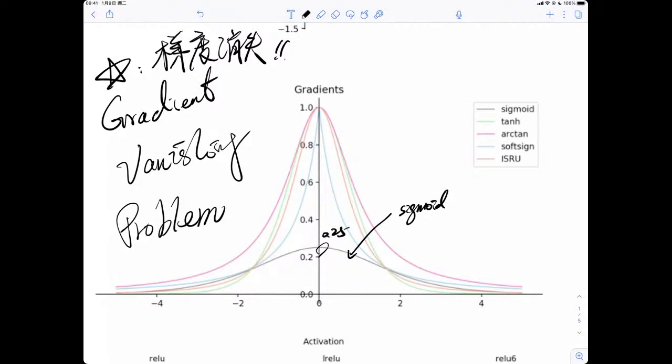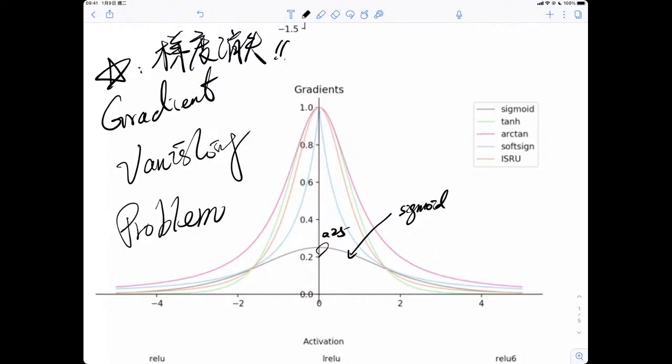When you do partial differentiation, when you do backpropagation, you multiply a lot of different weights and their partial differentiation values. The information is passed from the left hand side to the right hand side.